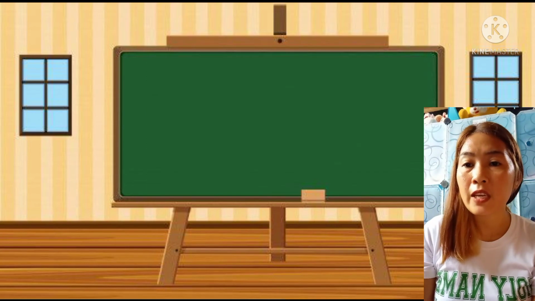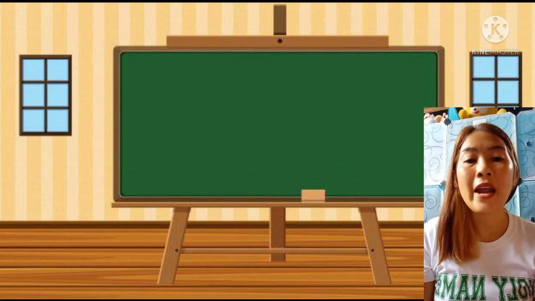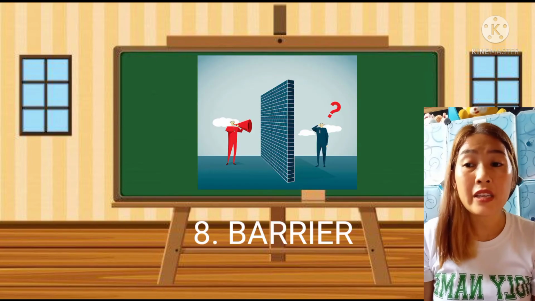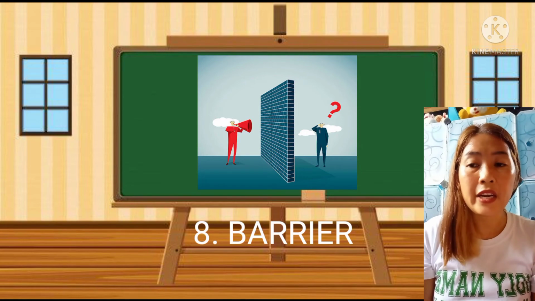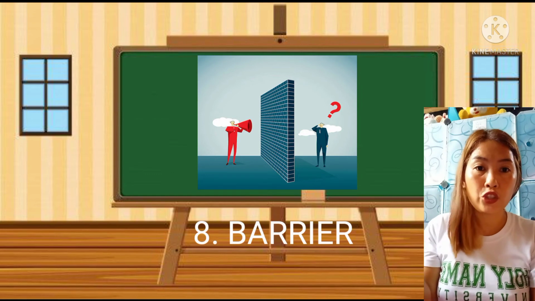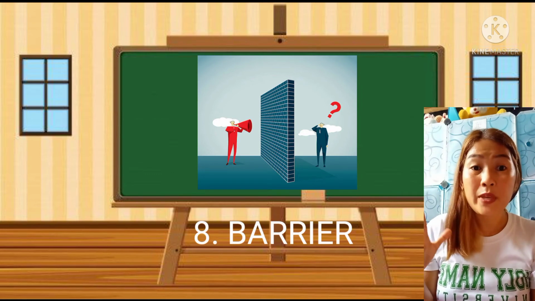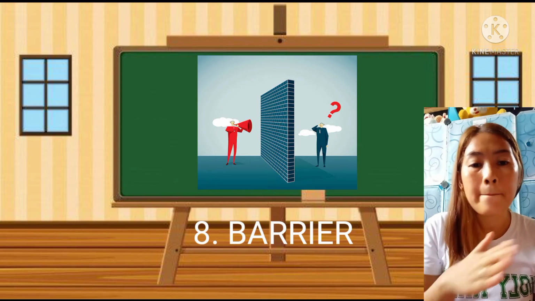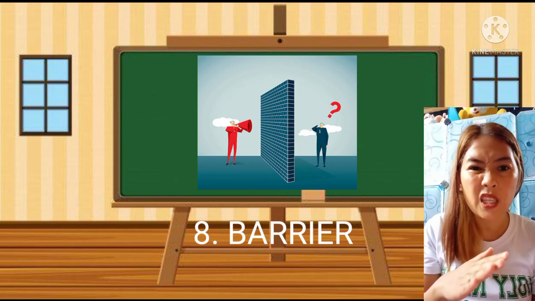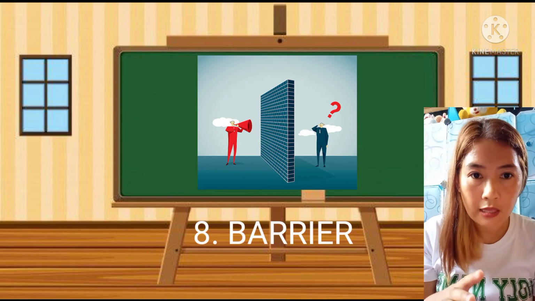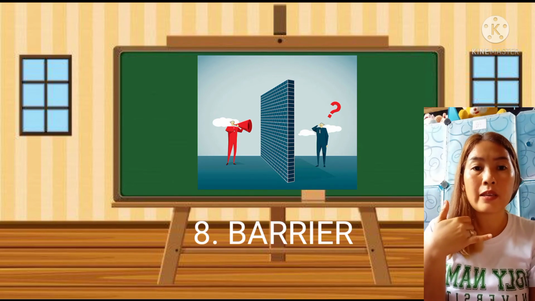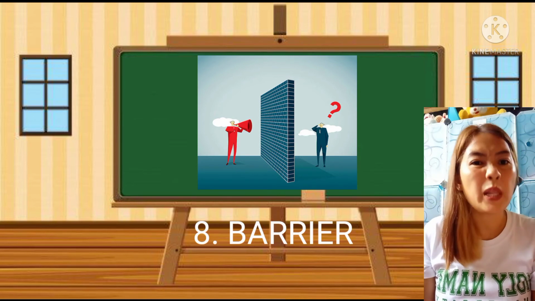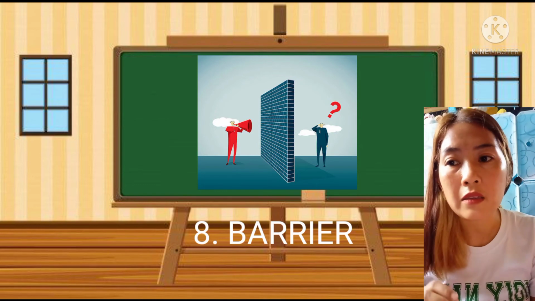Next, we have the barrier. So, naay barriers to communication. Right? Ang barrier class is the factors that affect the flow of communication. So, kung atong bisayon ang barrier, mao ni siya ang babag. Babag nga di mo magkasinabot. Okay? So, when you make a phone call, maybe the barrier is that walay signal. Wala kaayo may signal or nawala ang signal.